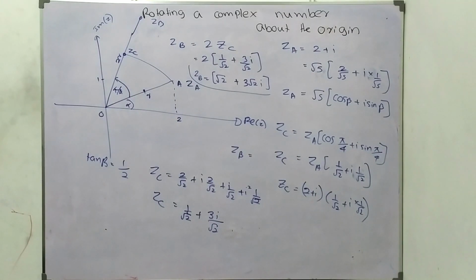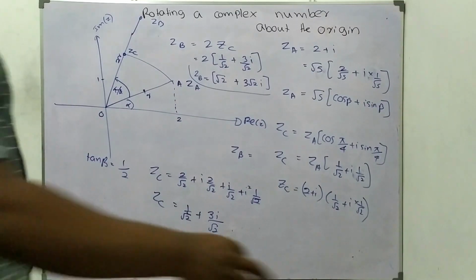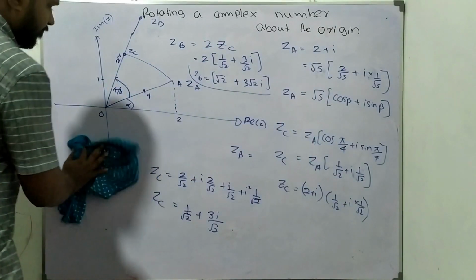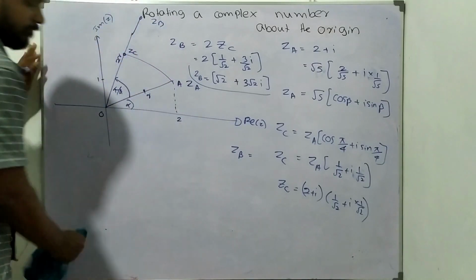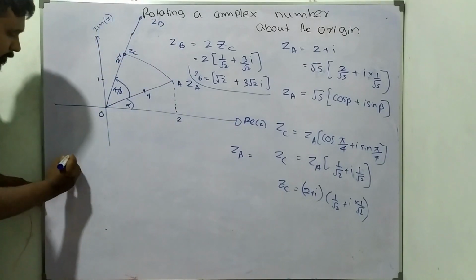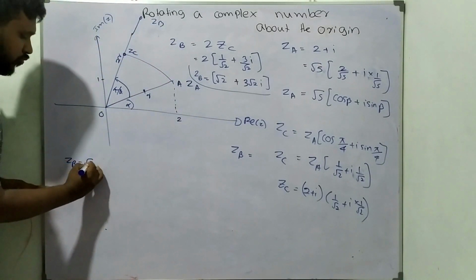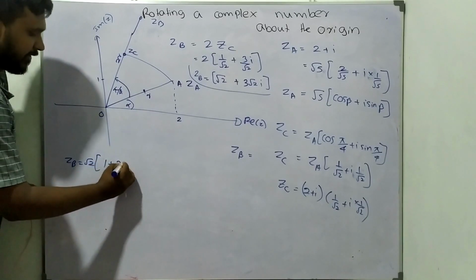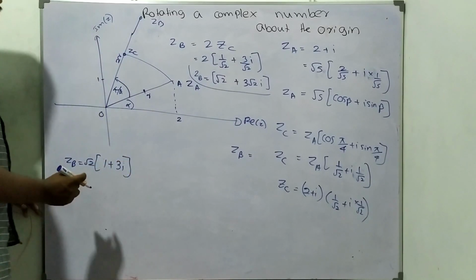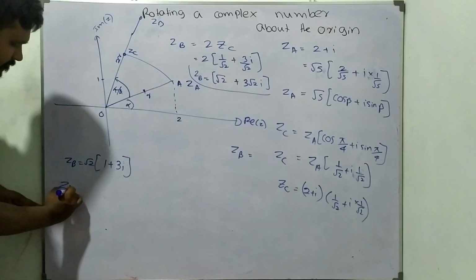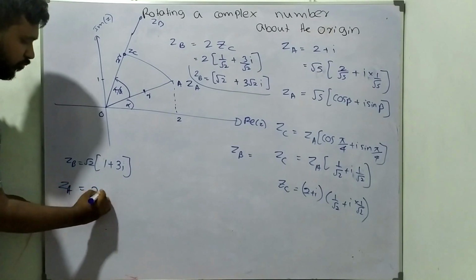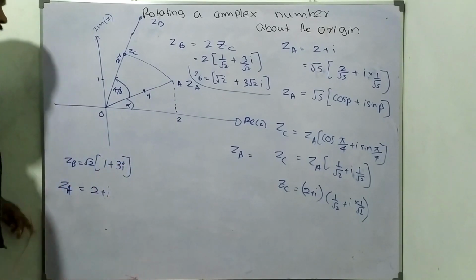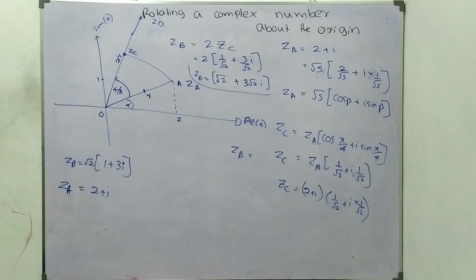Actually you can pull root 2 out, so ZB will be root 2 times (1 plus 3I). And ZA means 2 plus I.